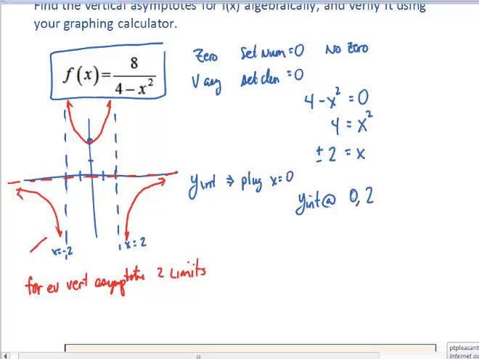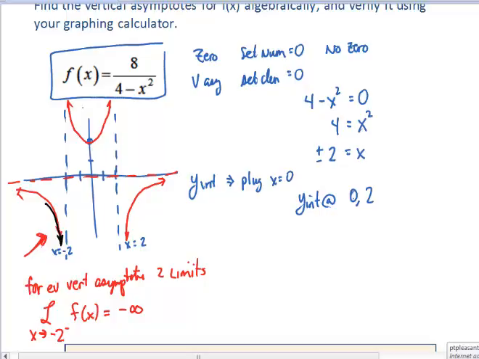For the limit statement on the left of this asymptote, we would say the limit as x approaches negative 2, because we're on the left-hand side of that negative 2, we're going to put a negative there, of the function is equal to negative infinity, because the function is heading towards negative infinity.